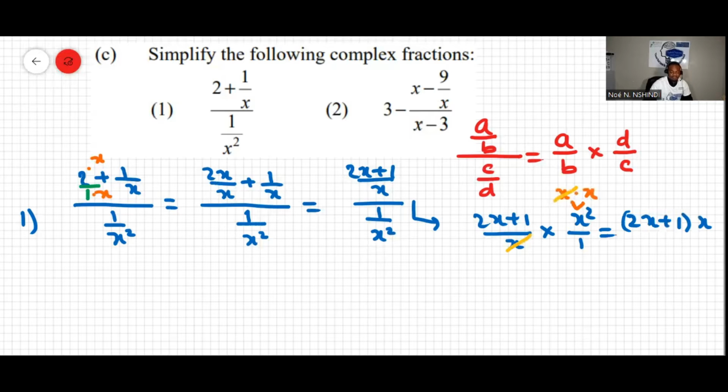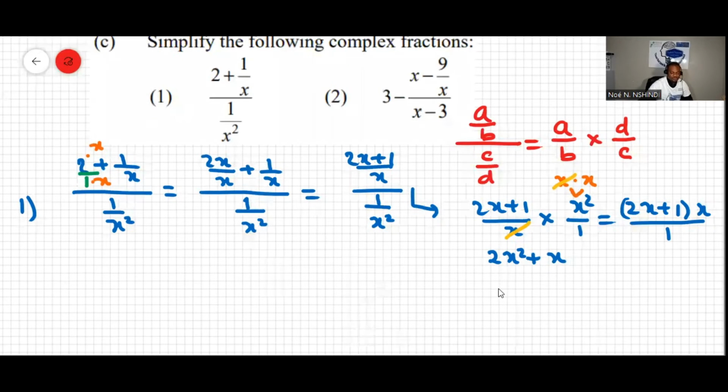Use brackets here because this x will multiply all the terms here. So this is over 1 now. Now this will be 2x squared plus x. I don't need to write over 1. You can just leave the answer like that. Over 1 means it's just without a denominator.